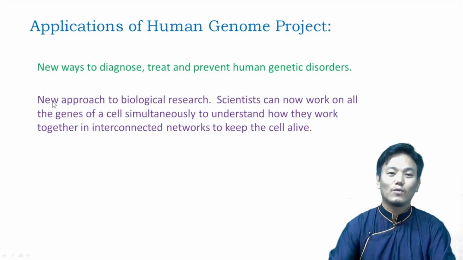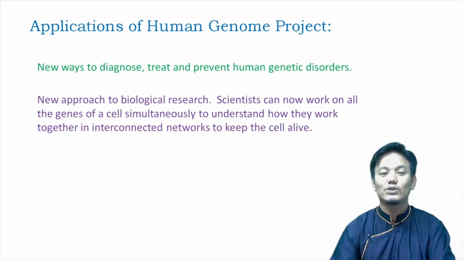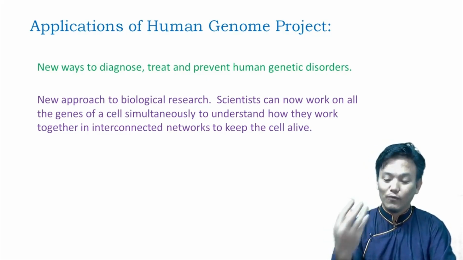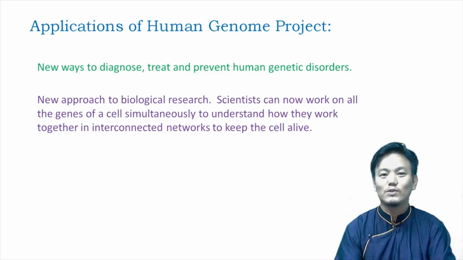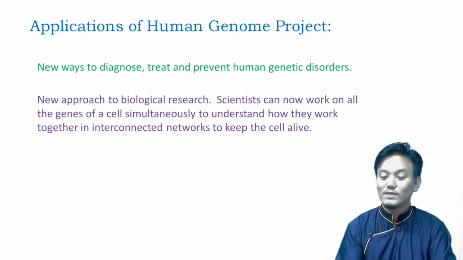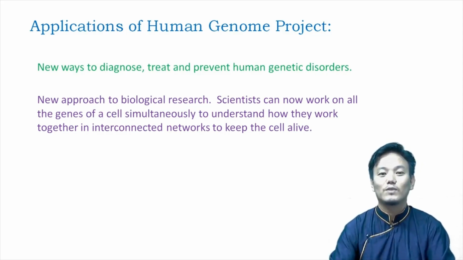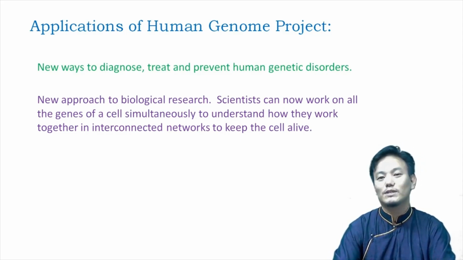The use of sequencing the entire genome of an organism is that, if you are performing research on that organism, you now have the freedom to work with as many genes as you want, to see how they work in an interconnected manner to keep that cell alive. That is the application of the Human Genome Project.